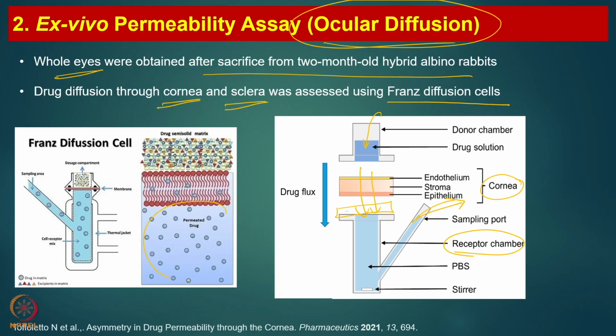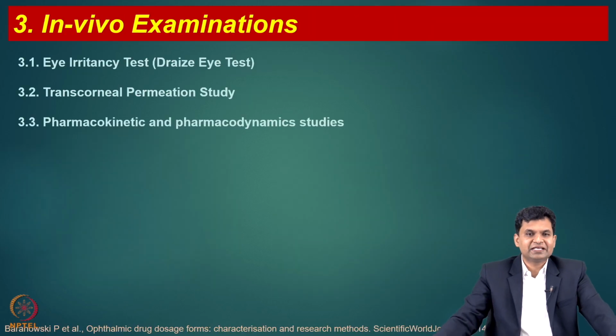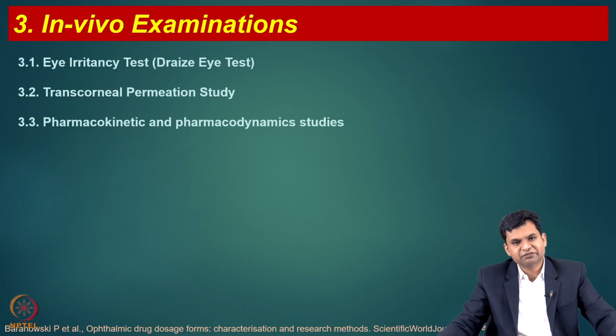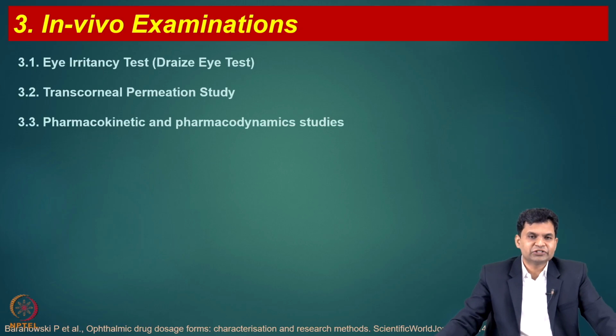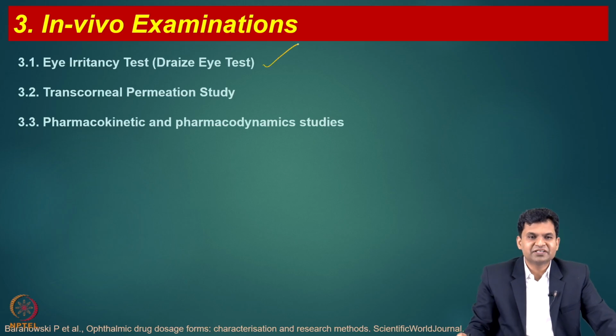Whatever drug has permeated you will see here, and that needs to be quantified using UV as well as HPLC methods. Now we have the in vivo examination. We will spend 3 to 5 minutes and try to wind up the evaluation of the ocular formulations. Yes, this is one of the most preferable methods, the eye irritation test.